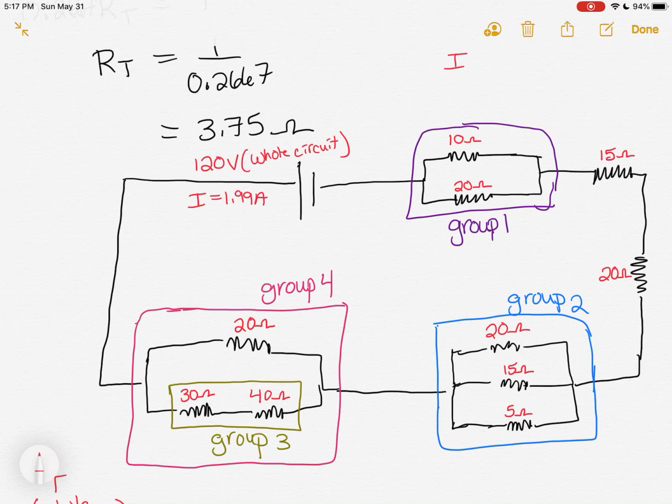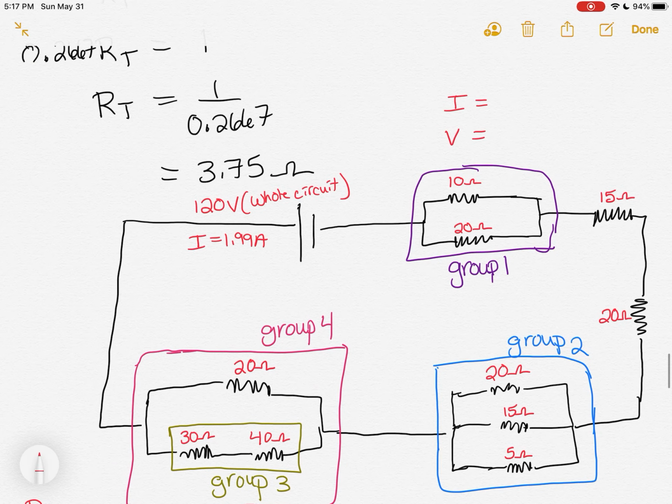Okay, so just a reminder about voltage and current in series versus parallel. So current in series is the same. In parallel, the current is split. Voltage in series is split, but in parallel, it's the same.